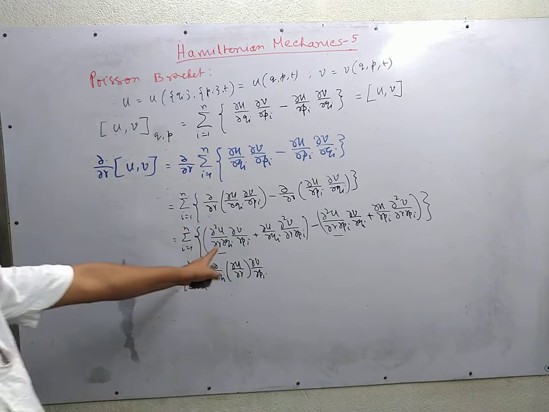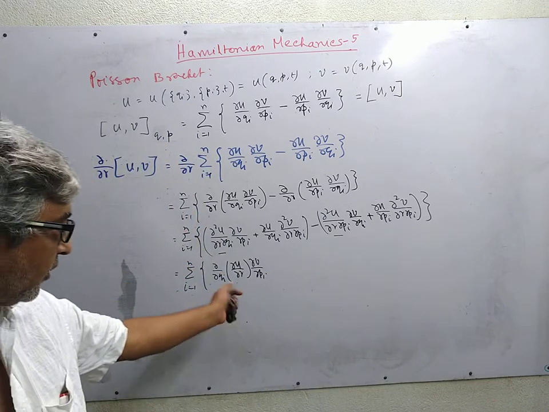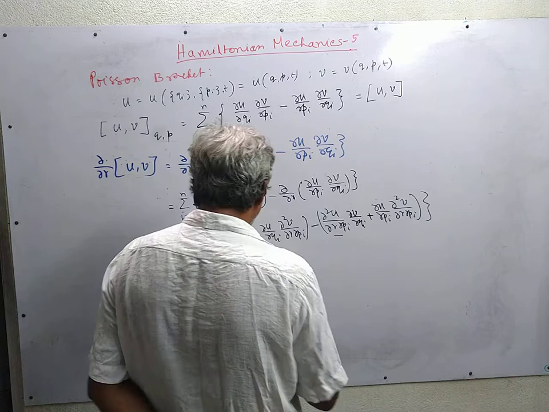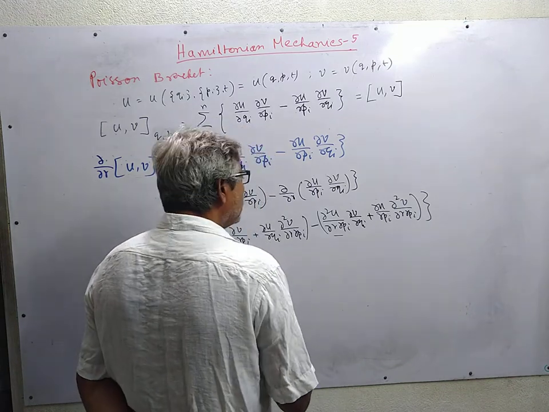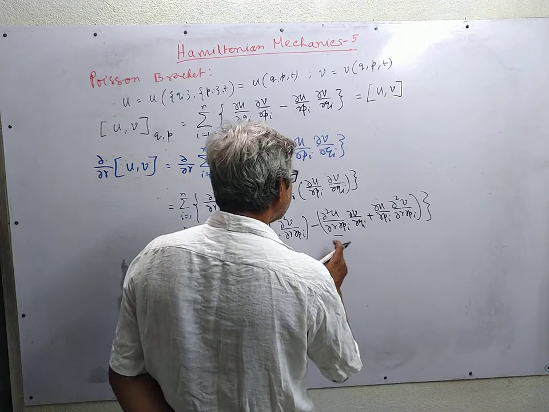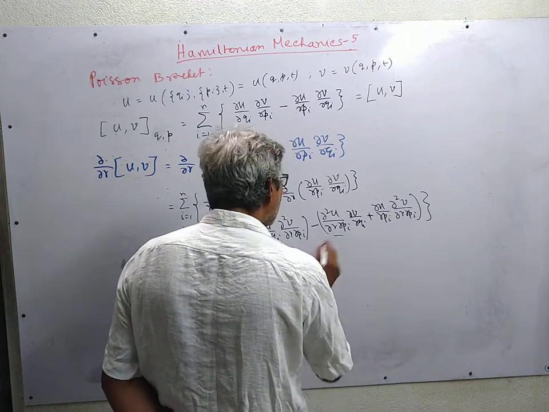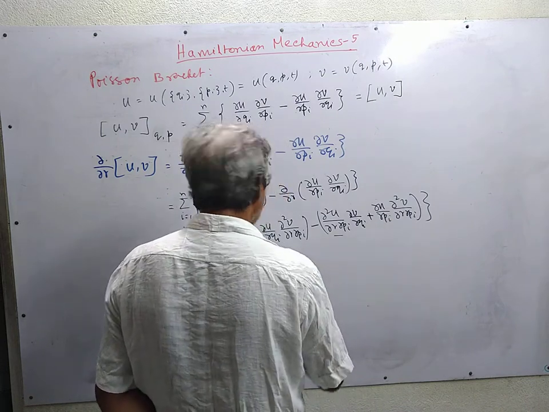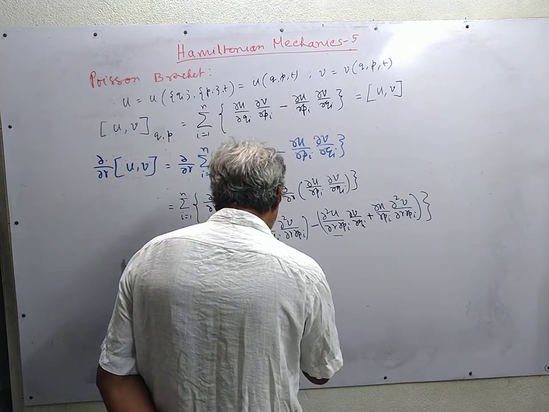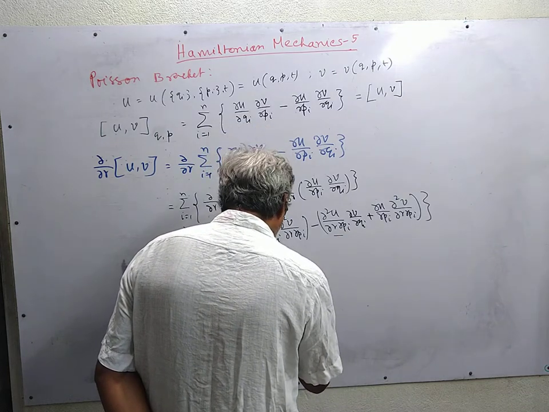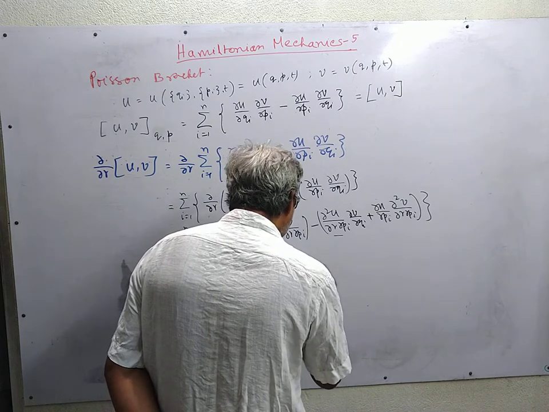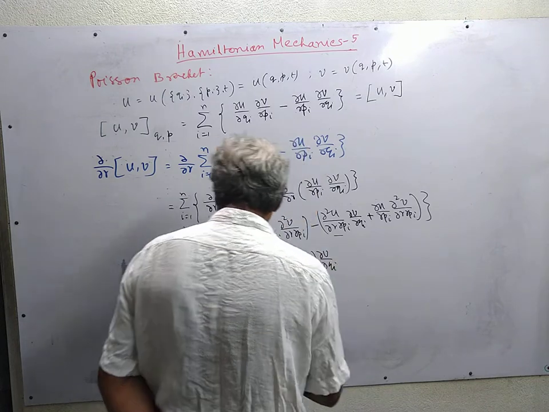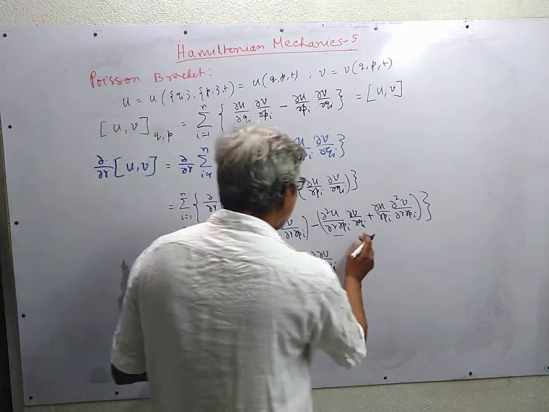Here we have assumed that the order of the second order partial derivative may be changed, and from this term on the same basis we can write del del Pi, del U del R, del V del Qi. This is the term originating from this.